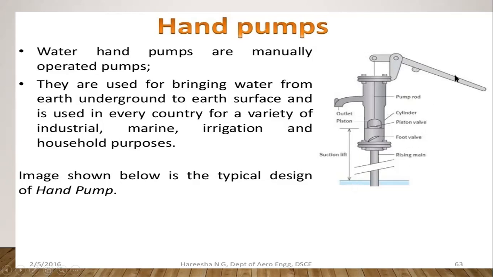So when you lift the piston valve, it is easy to open the foot valve and the water comes into the foot valve, and this is transferred to the outlet piston. There you can see the outlet piston.